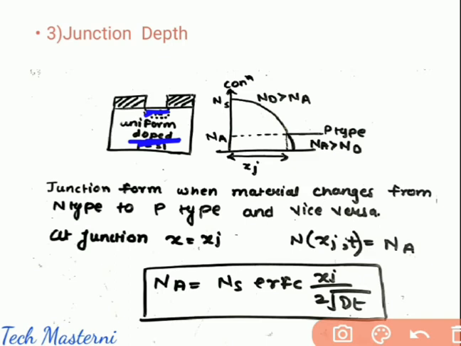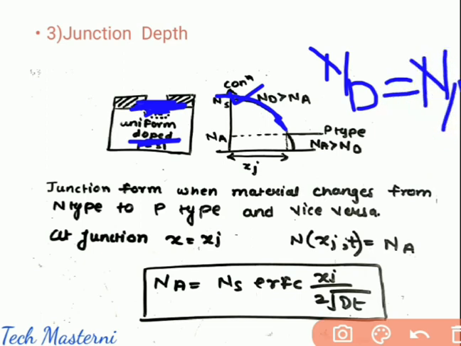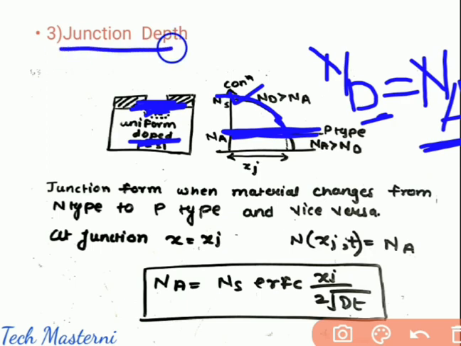At the x equals 0 point, it means in the upper layer, we have the highest concentration of my dopant, and as I go in the X direction my dopant level will decrease, and there will be a point where my dopant concentration will be equal to my acceptor p-type concentration. So this particular point is known as the junction depth. At the junction depth, the concentration of the dopant and the concentration of acceptor will be equal. So that is why there is a junction formation.